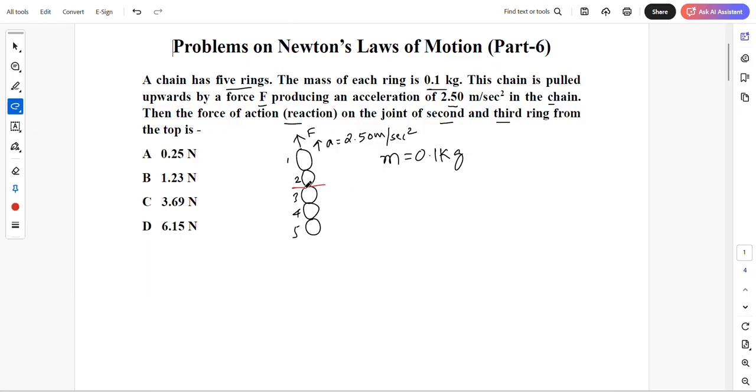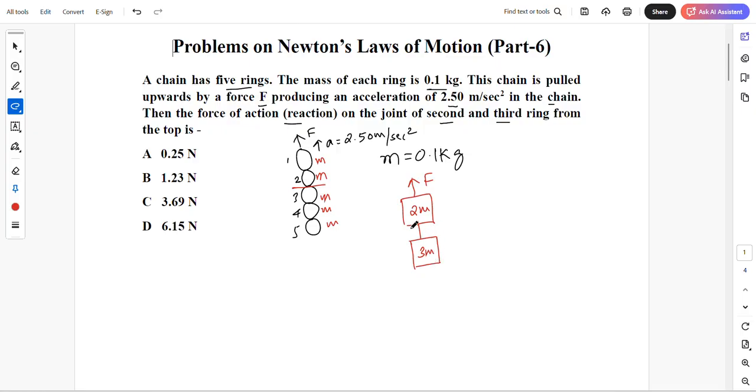If I cut here, the mass of each ring is M. Therefore, if I cut it here, this part will be 2M, and F is there, and this part will be 3M.